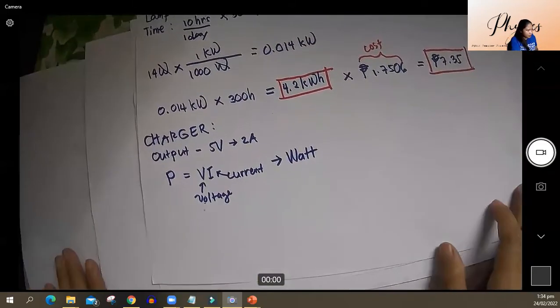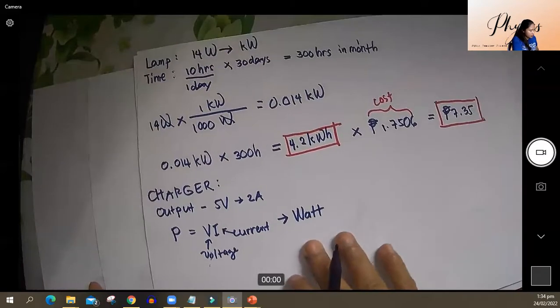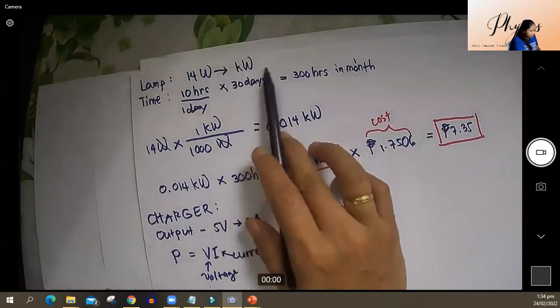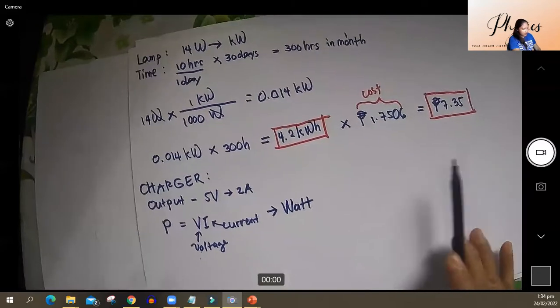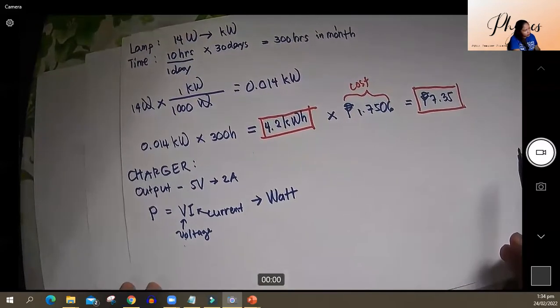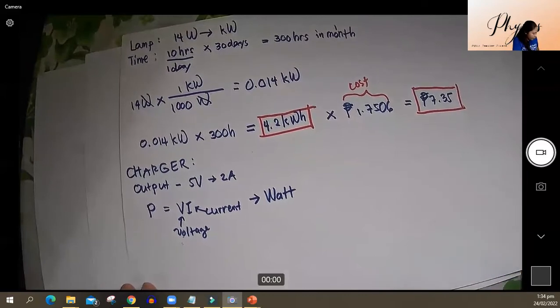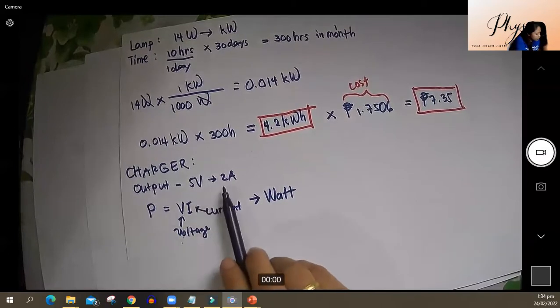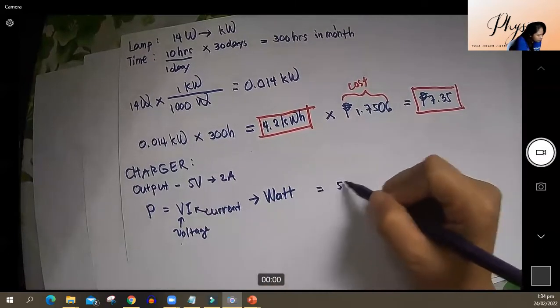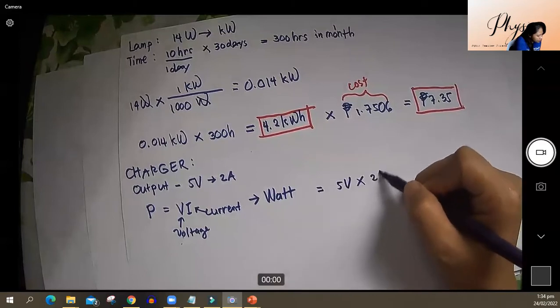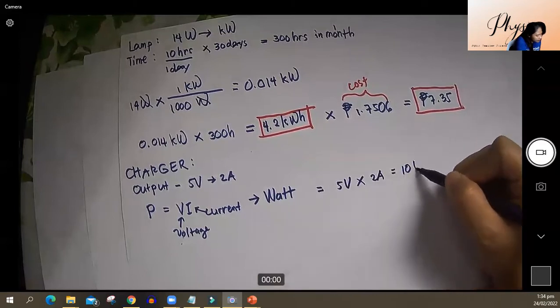Once we have the watt unit, we still have to convert from watts to kilowatts so that we can get kilowatt hour. Since we have 5 volts and 2 ampere here, we have 5 volts times 2 ampere and we will have 10 watts.